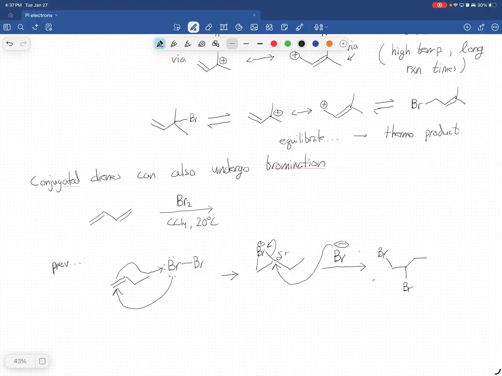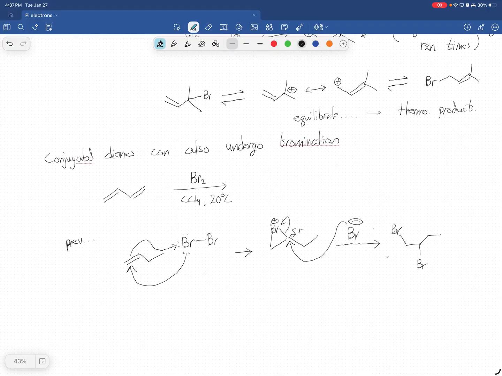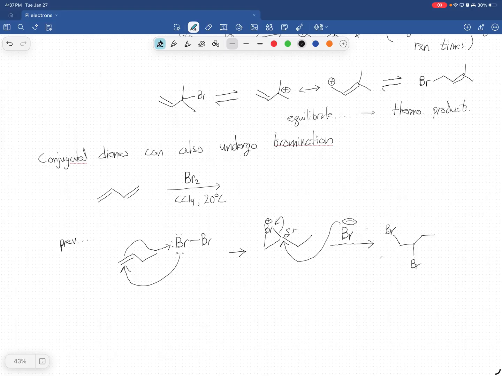All right, but this is previously with just one alkene. What actually happens with a diene is that we get two different intermediates. Bromine would add to one alkene, but it does not really form this intermediate, because it's not resonance stabilized.